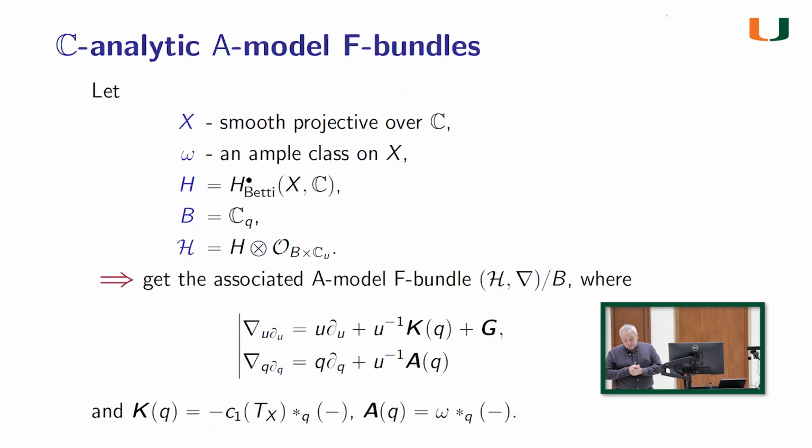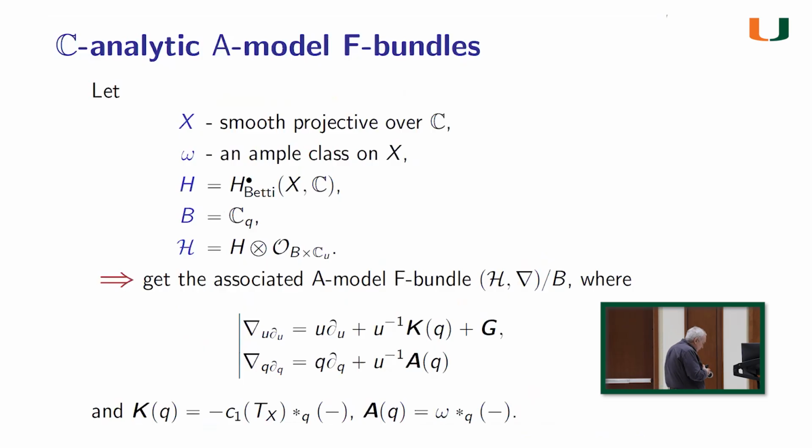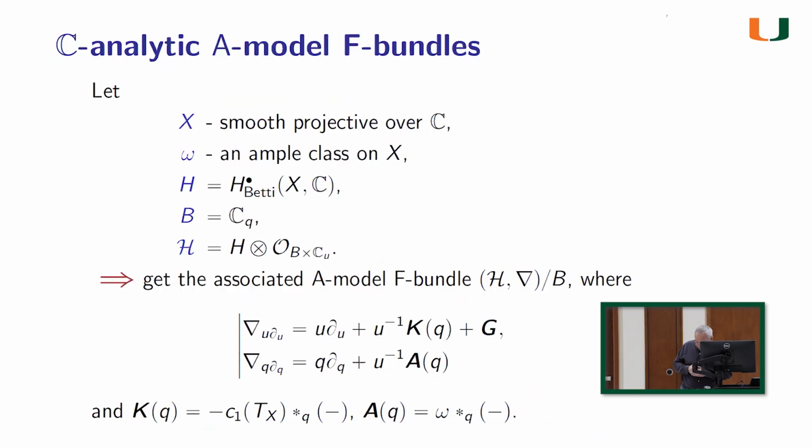Okay, now this was just the general theory of F bundles, Fourier dual F bundles, and Z structures on them. Now let's focus on the ones that we really want to understand, which are the quantum connections, the A model F bundles. So suppose that we have a smooth projective variety, an ample class. H is the global cohomology of X. B is going to be, so I'm going to look right now, just for simplicity of the discussion, at the small base, just a one parameter base going in the direction of omega.